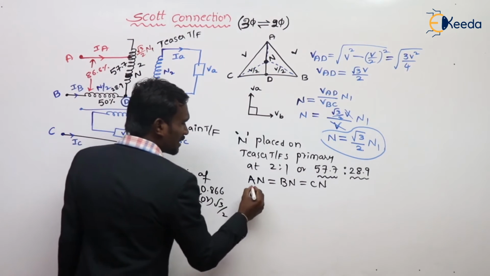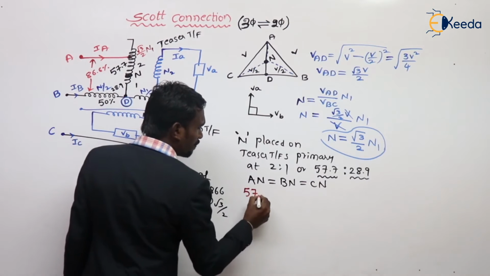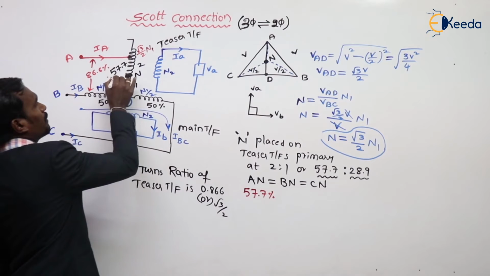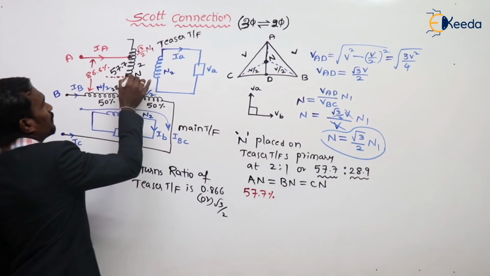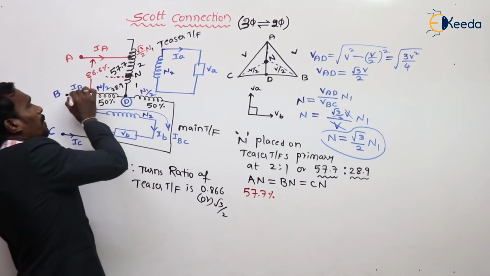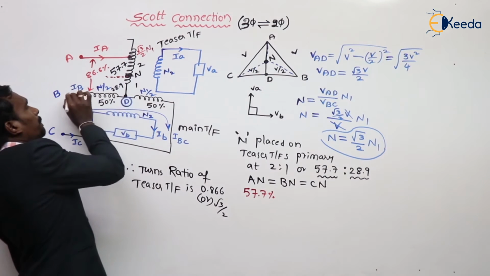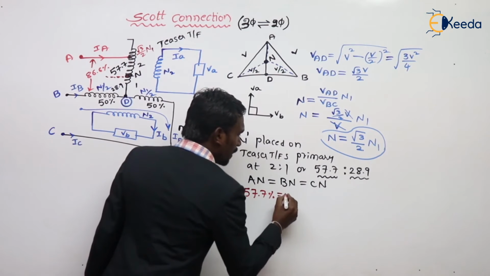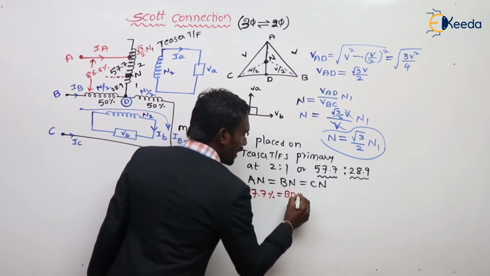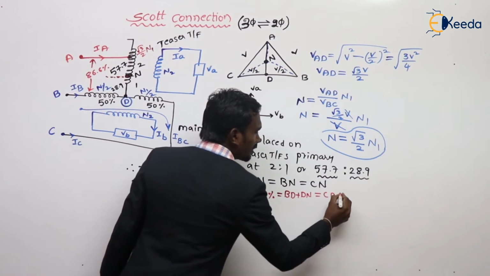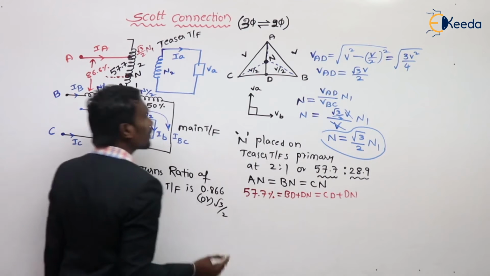Yes, how is it correct, sir? AN, of course, is 57.7%. But what about BN? BN is nothing but BD plus DN.